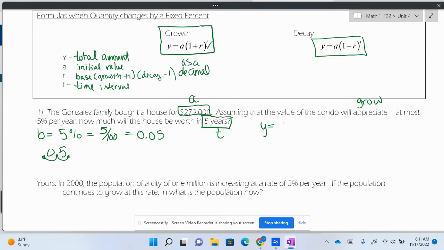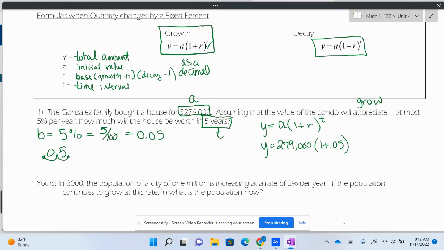Y equals A times 1 plus R to the power of T. And we're going to plug in our numbers. So Y equals, well, our initial value is 279,000. And I have to take 1 plus my rate, which is 0.05. And I have to raise that to the power of T, which is my time interval.